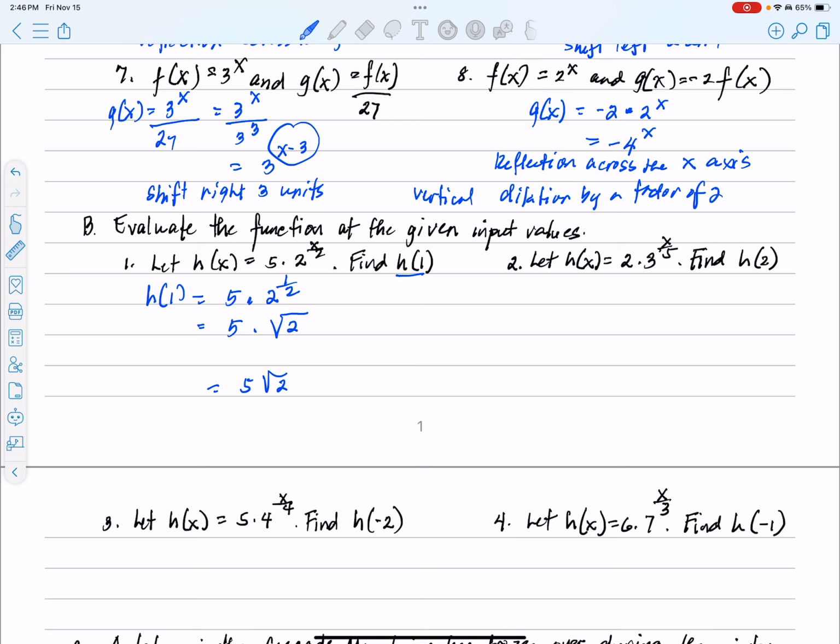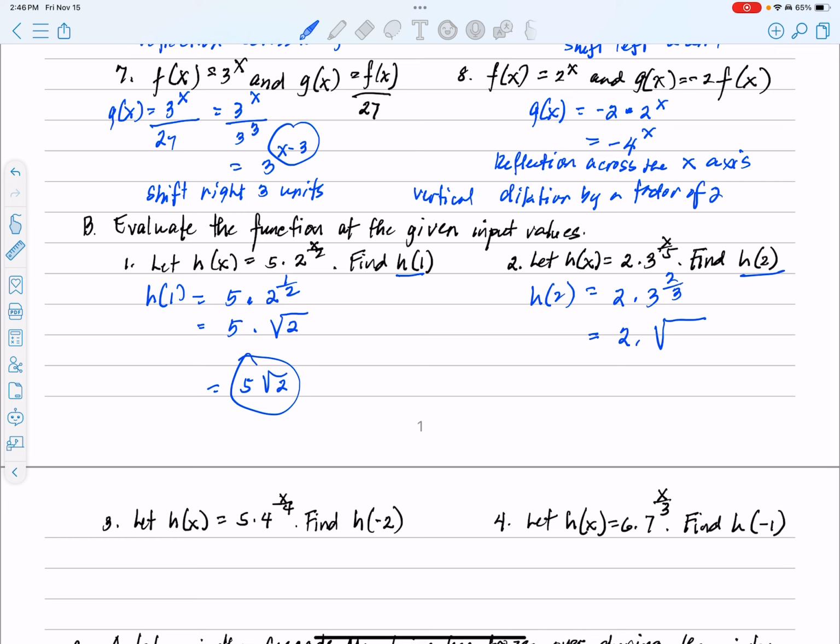Let h of x equal 2 times 3 to the power of x over 5. Find h of 2. So h of 2 will be 2 times 3 to the power of 2 over 5. Replace the x with 2. Let's use the unit fraction exponent.